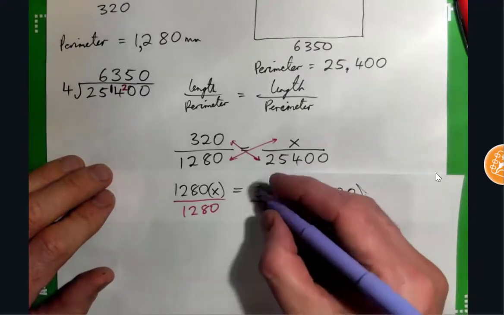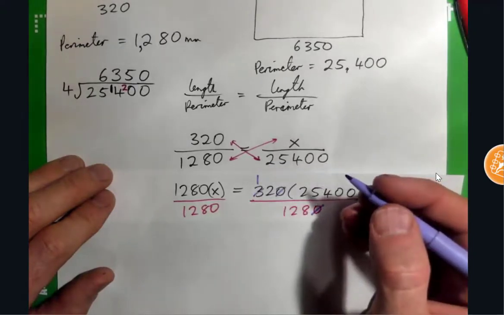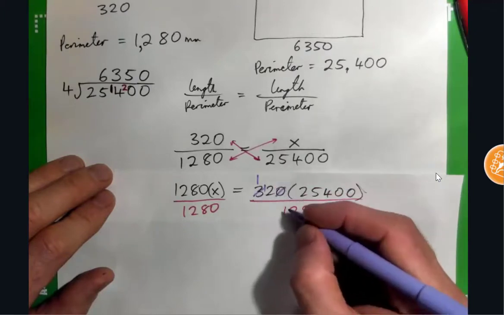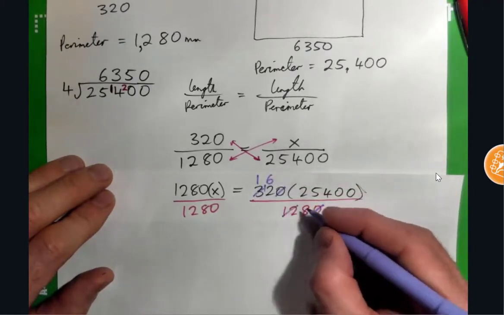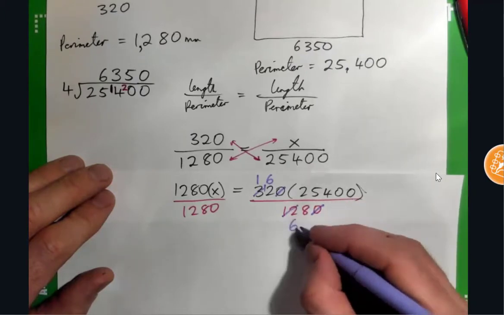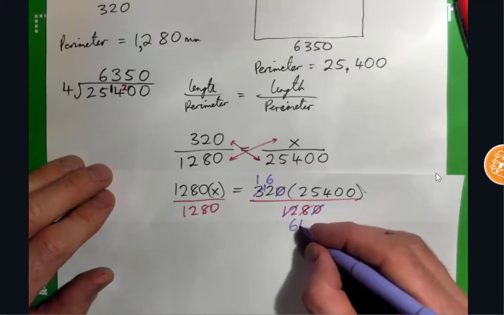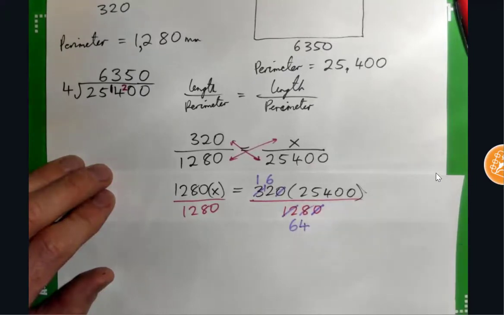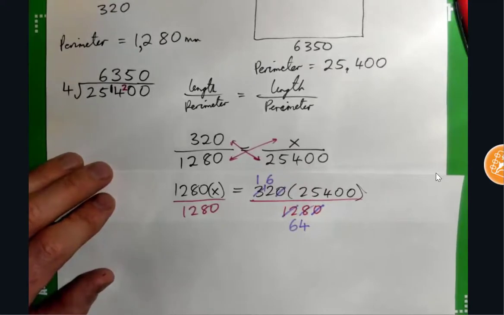Let's do 2. 2 into 32 is 16, and 2 into 128 is 64. Now you have 16 here and 64 there. What can you cross cancel now?